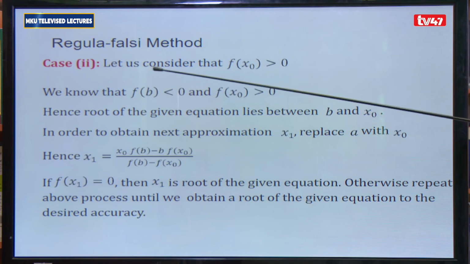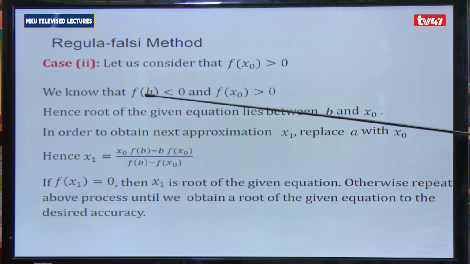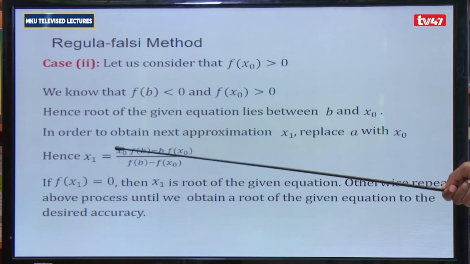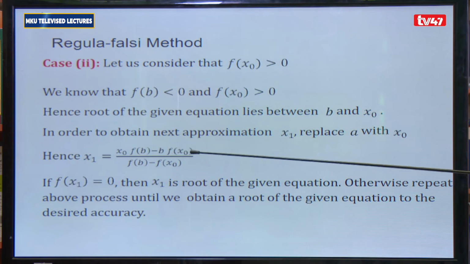If x0 is greater than 0, and assuming that our fb is less than 0, we can comfortably say that the root lies between b and x0. So our approximation will therefore be x1 = (x0 fb - b fx0) / (fb - fx0).